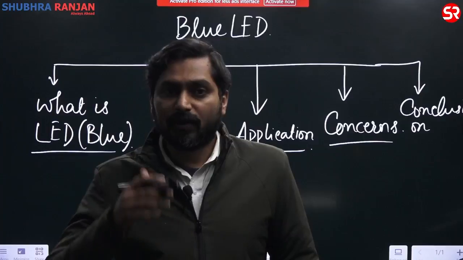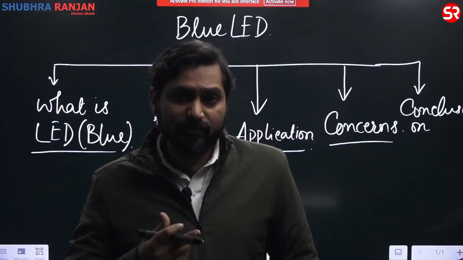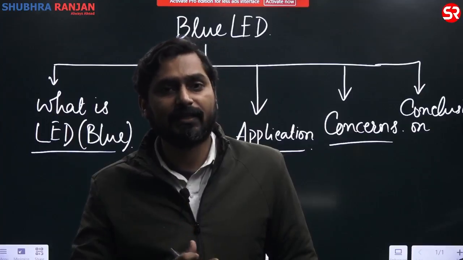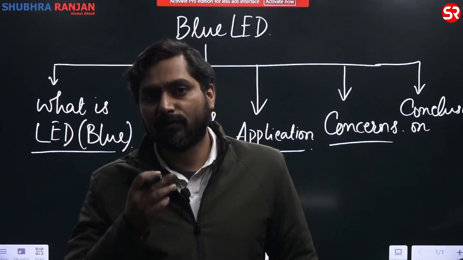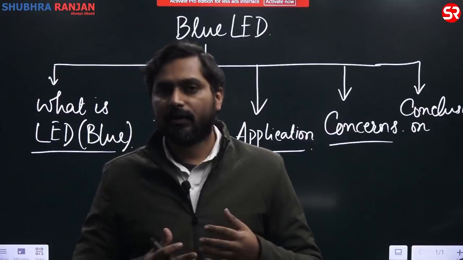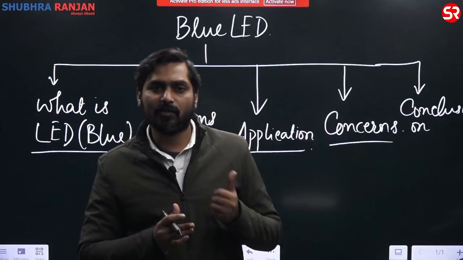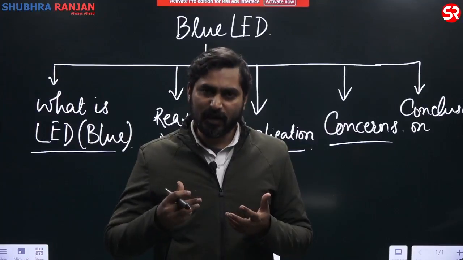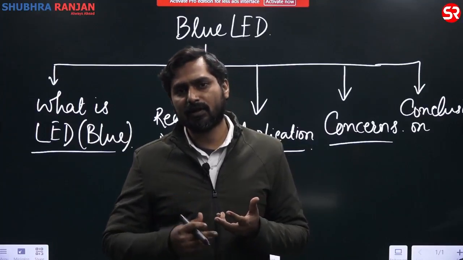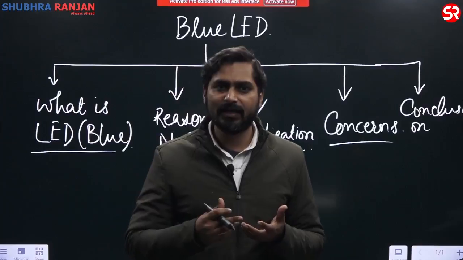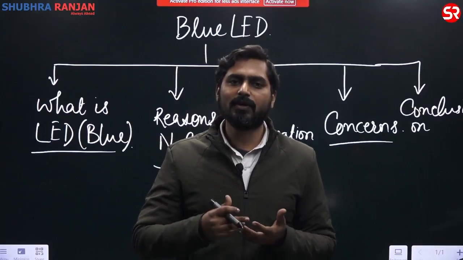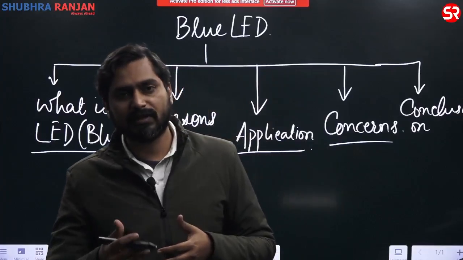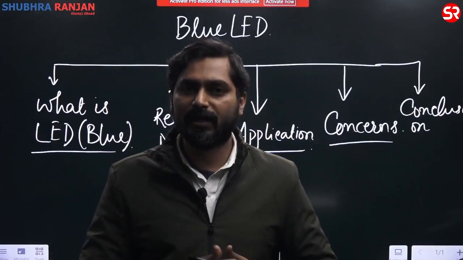One of the major achievements of blue LED is that in order to produce white LED light, we need blue LED light. Why? Because in order to produce white light, we need a combination of red, green and blue LED. So the smartphone, television or laptop screens which use white LED light can be produced only when the first step, the prerequisite, is that we have produced blue LED lights.